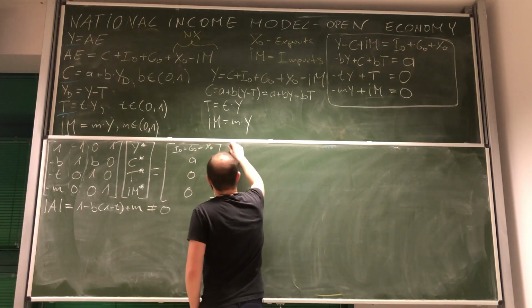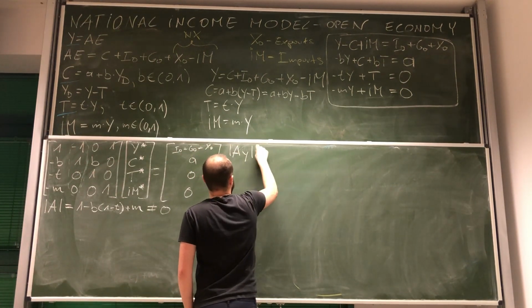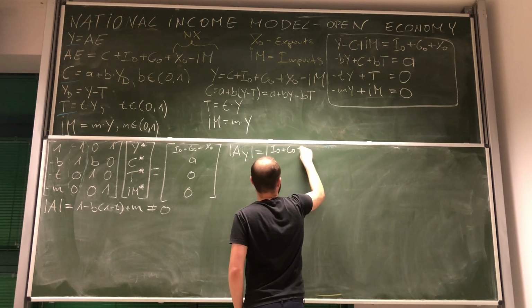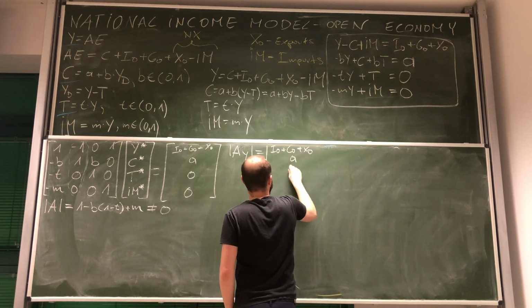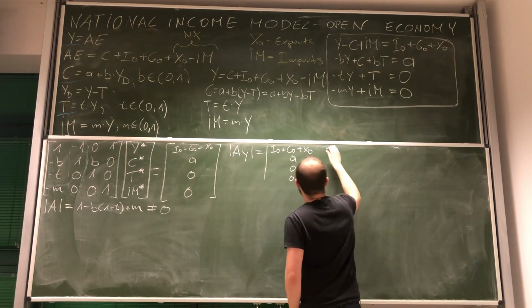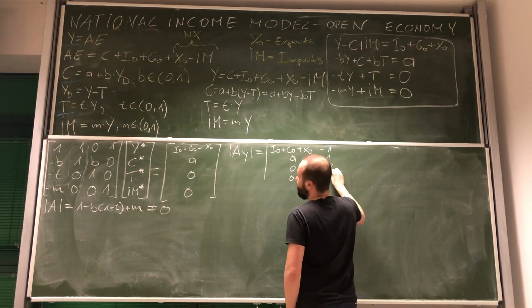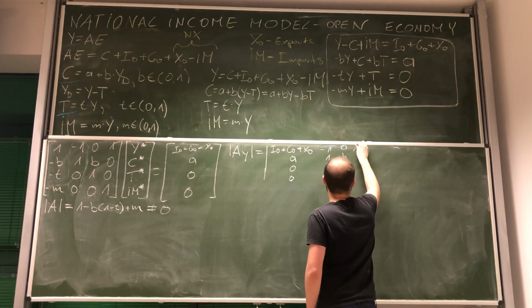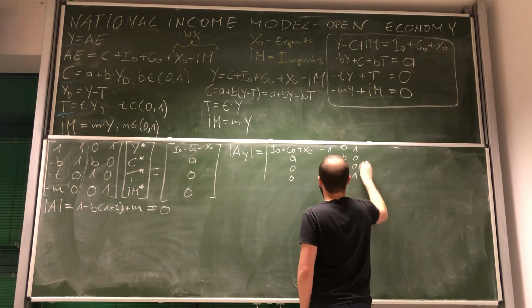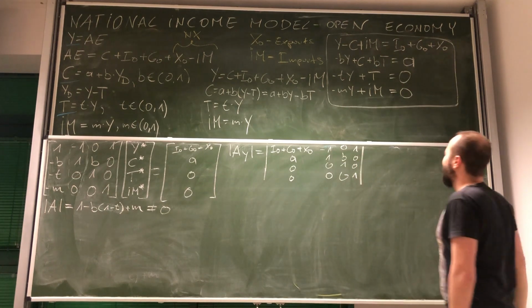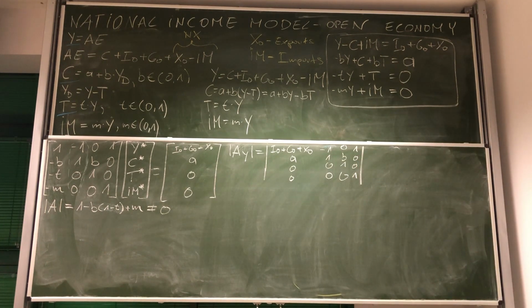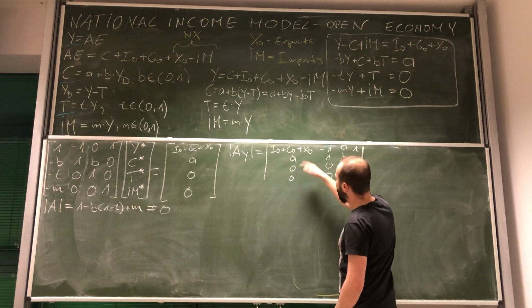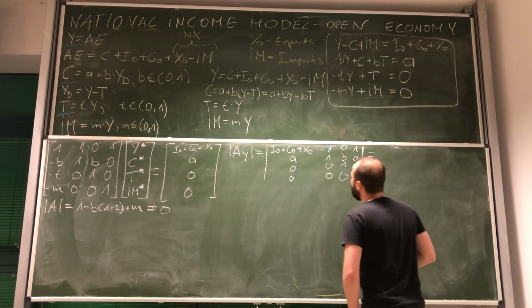Okay, so now we just need to find the values of the 4 variables. First we calculate Y, which in our case is equal to the determinant of I0 plus G0 plus X0, A0, 0; negative 1, 1, 0, 0; 0, b, 1, 0; 1, 0, 0, 1. Okay, and the easiest it will be to do expansion with respect to first column.